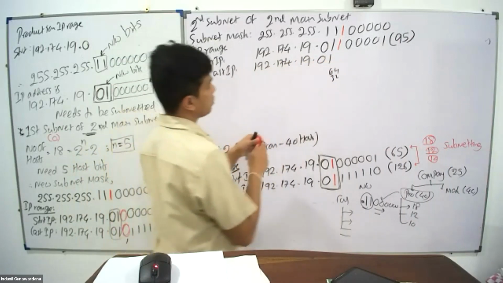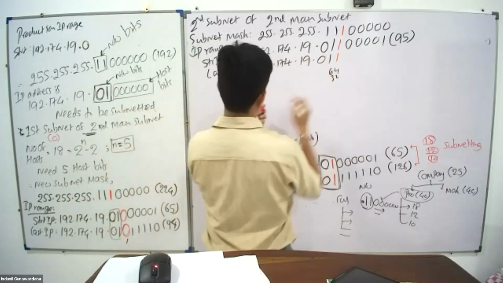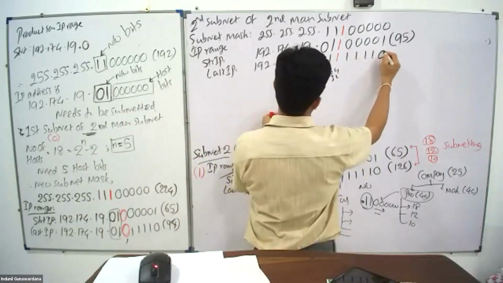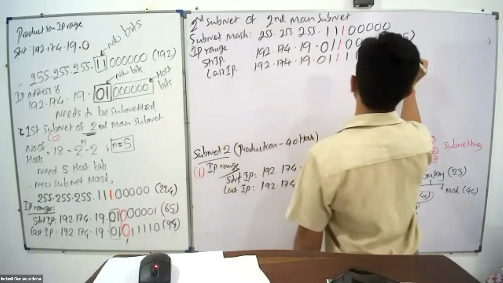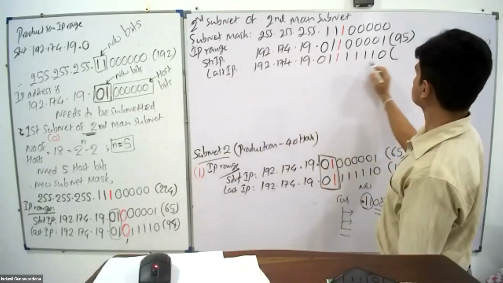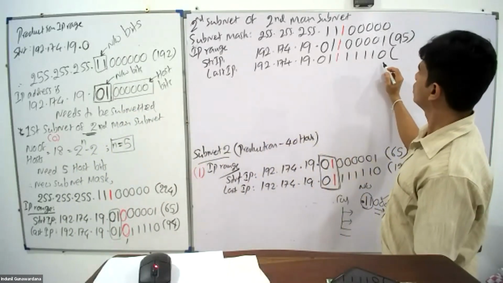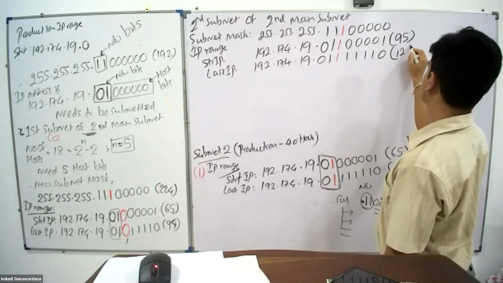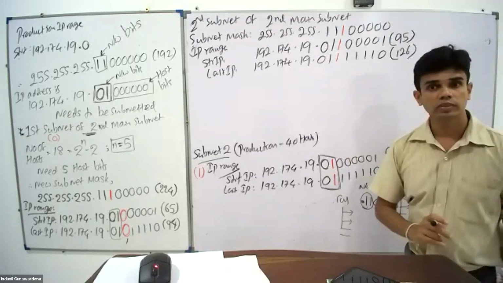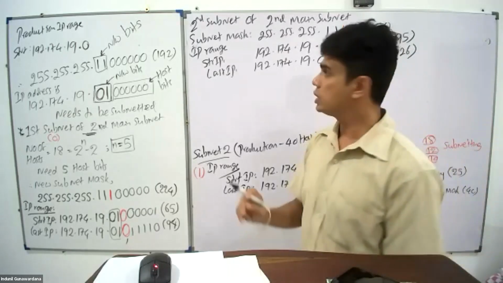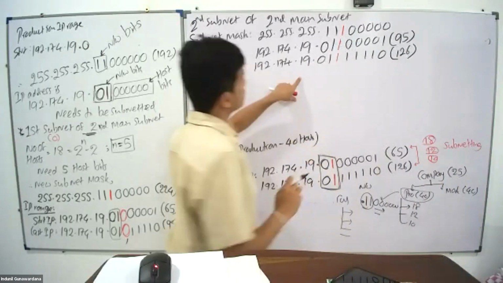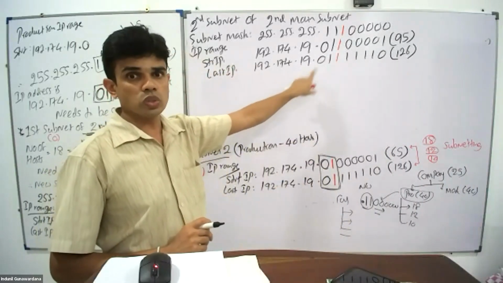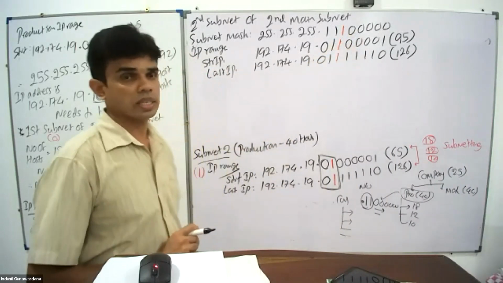Subnet bit goes as 1. Right? And then maintaining the rest as 1 2 3 4 0. Right? It comes like, what is this? 127 126. Correct. So this is the second subnet. Is it clear? That goes from 95 to 126.